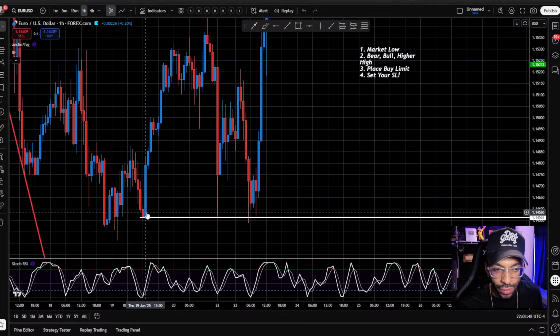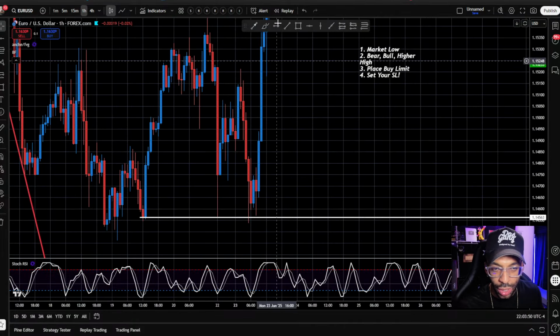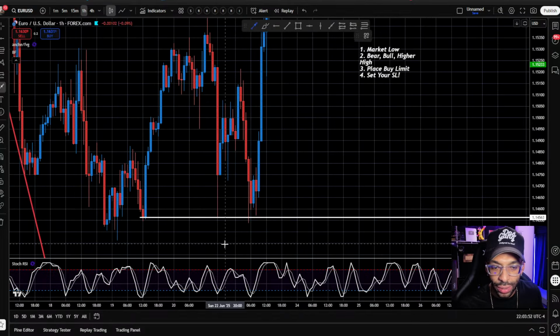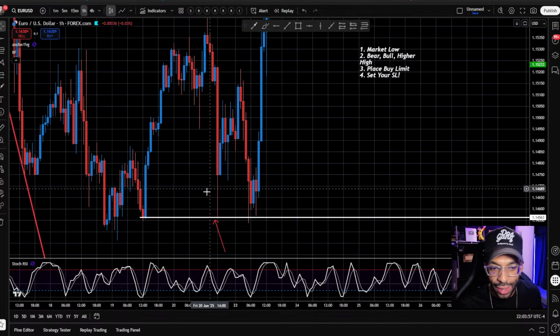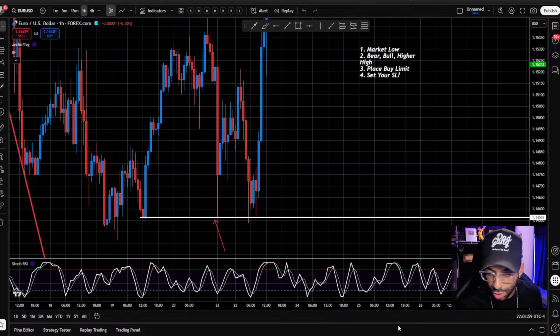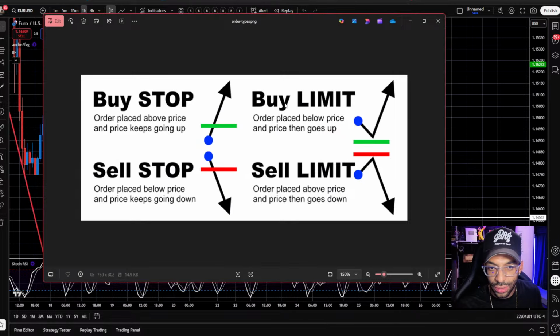So we got the bear, the bull, higher high. Awesome. We place our horizontal line right here. This is where our buy limit is going to be at. So a buy limit looks like this. The order is placed below the price, and then the price goes up.